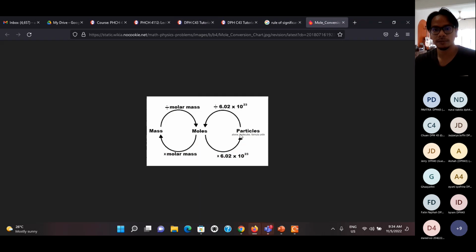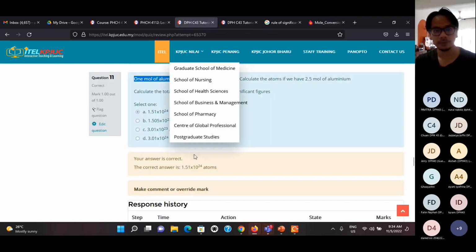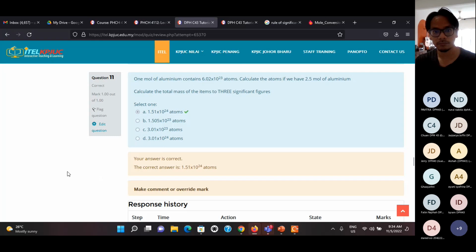So kalau nak cari bilangan partikel, atoms ke, molecules ke, any formula units, from number of moles, tengok arrow ni. Kamu kena darabkan dengan 6.02 darab 10 kuasa 23. So kalau aluminium tadi kita ada 2.5 mol, so 2.5 darab dengan 6.02 darab 10 kuasa 23. So mendapat jawapan salah.